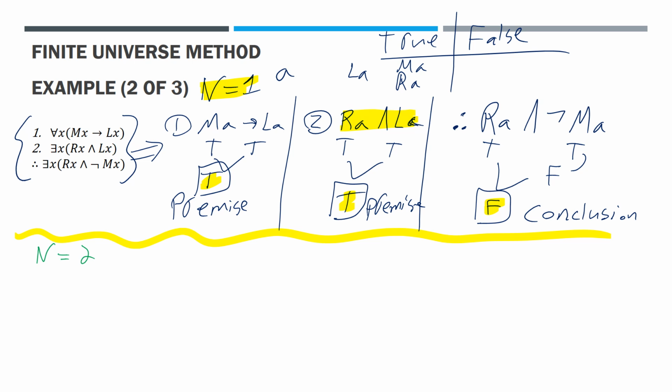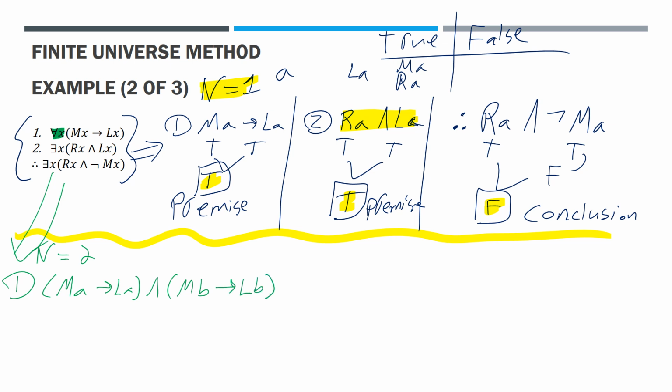Okay, so how would we convert premise 1 into a finite universe with two members? Note that we have a universal, so it's going to be a conjunction. So we'll say parentheses MA arrow LA, and parentheses MB arrow LB.